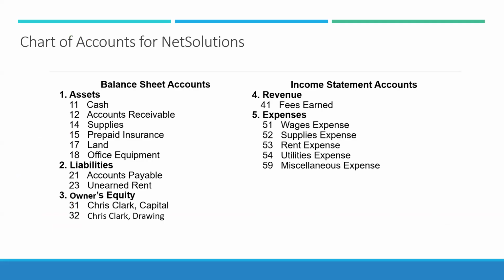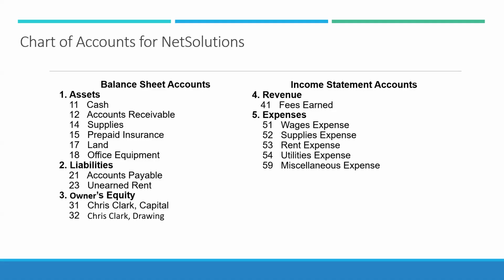Here for Net Solutions is what we call their chart of accounts. These are the accounts that are set up for this particular business. They have cash. They have accounts receivable. They're trying to receive income. They have supplies. Prepaid insurance is when they paid insurance for a whole year, and so it's an asset because they paid it.